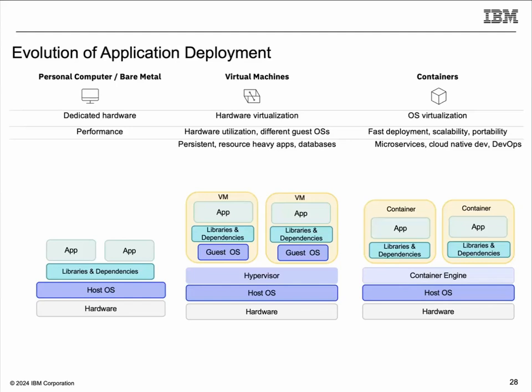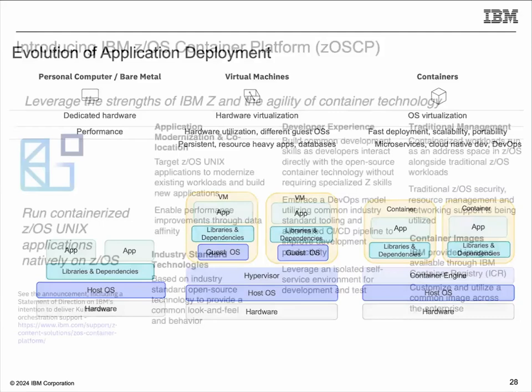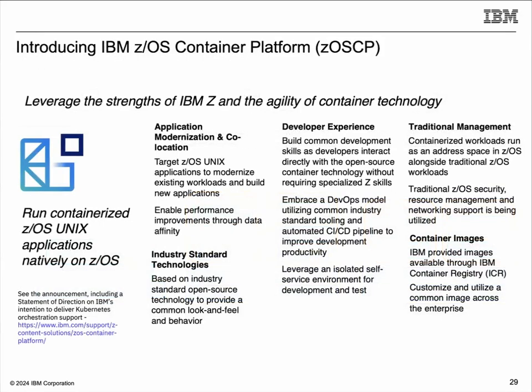So we wanted to bring that to zOS as well. So that's what we did. We announced GA last month of support for containers running directly on zOS. What that means now is, using Podman, which is a container CLI that manages the life cycle of a container, you can now containerize and build zOS Unix applications into a container image and deploy them as containers directly on zOS.